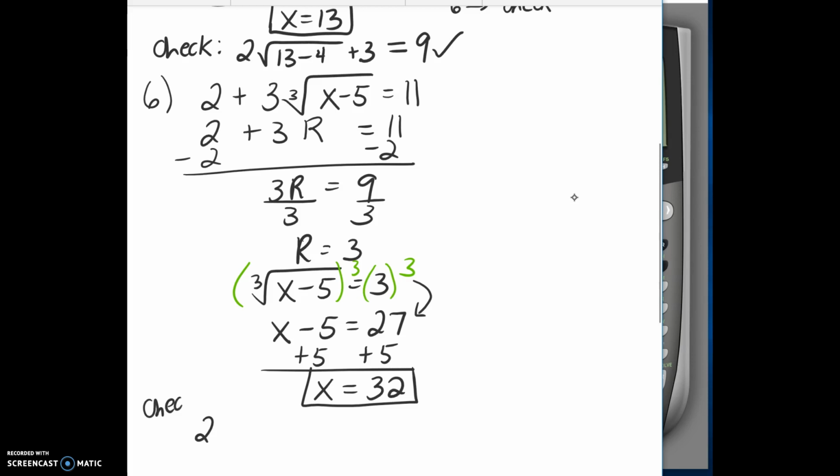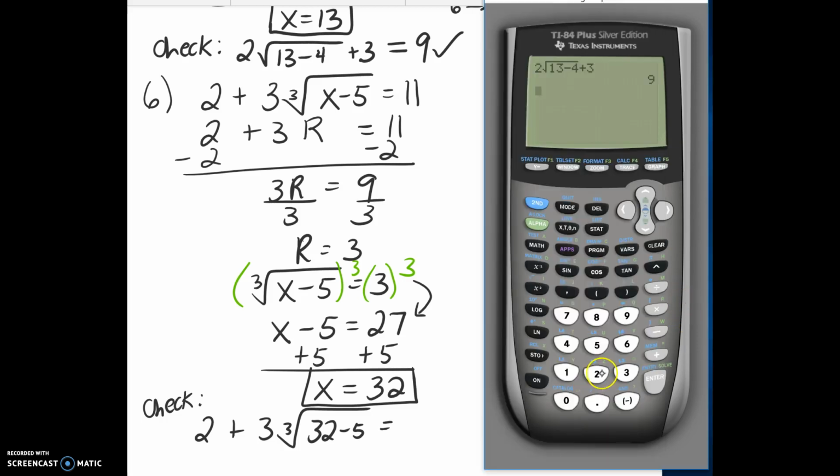And again, we'll do a quick check on the calculator. Now there's different ways you can type this in. I'm going to put in parentheses 32 minus 5 to the 1/3.